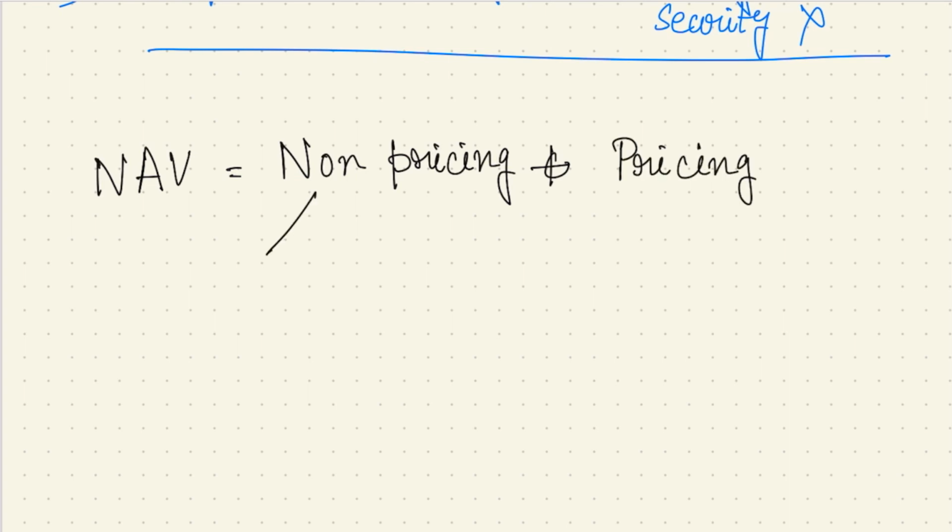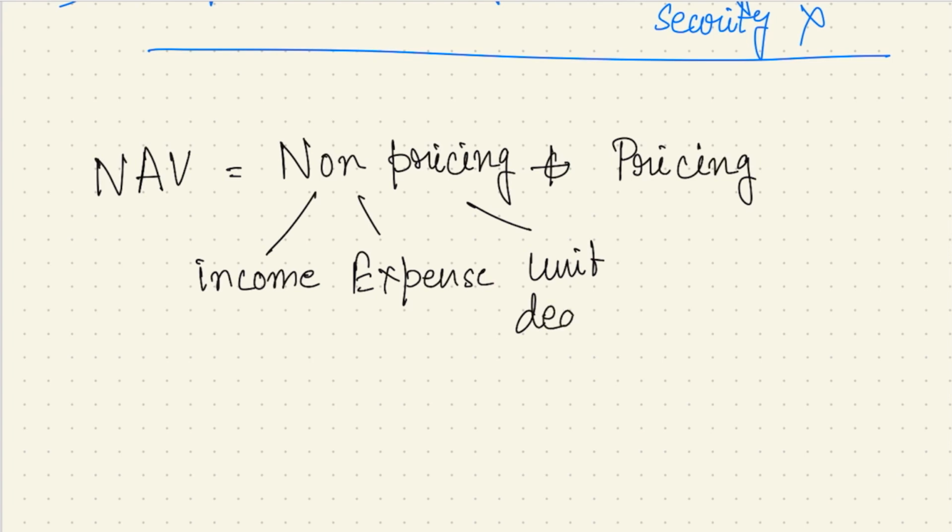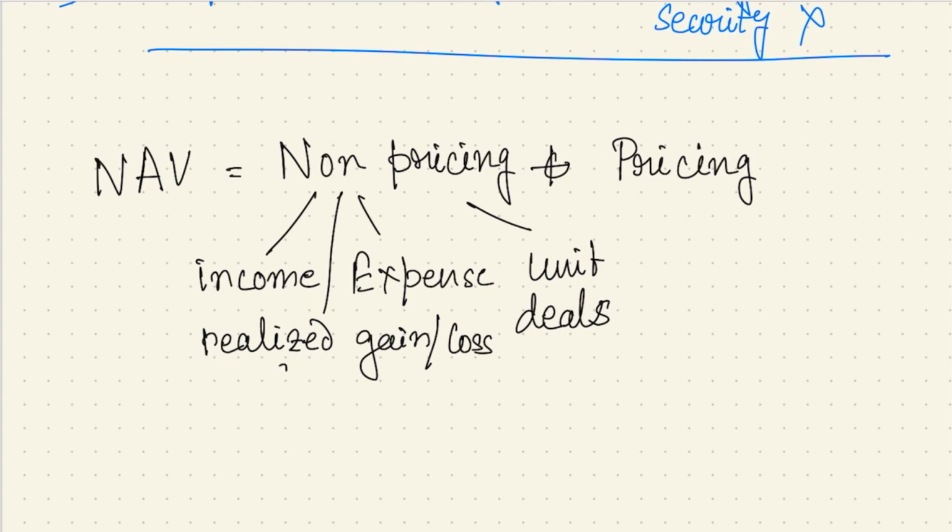What will be the non-pricing components? It will be income, expense, unit deals, and also the realized gain or loss, which is related to trade.